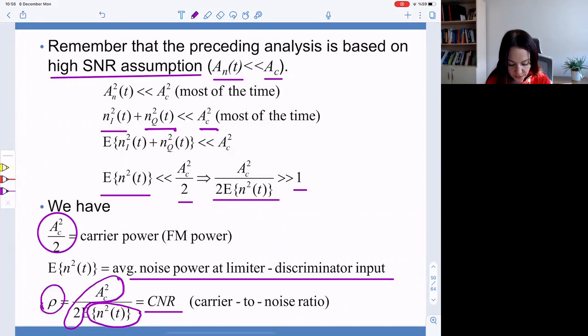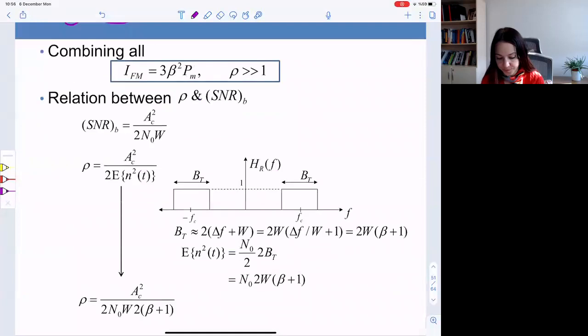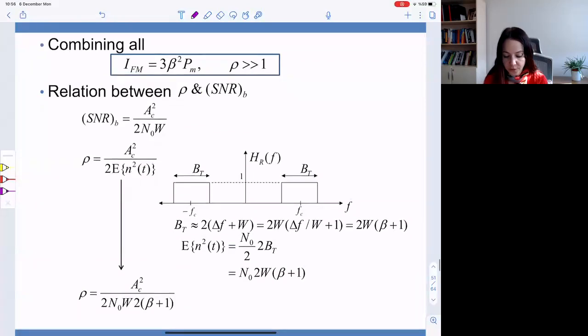Now, we'll see some restrictions on this rho for our high SNR assumption to be valid. Now, first of all, let's represent.